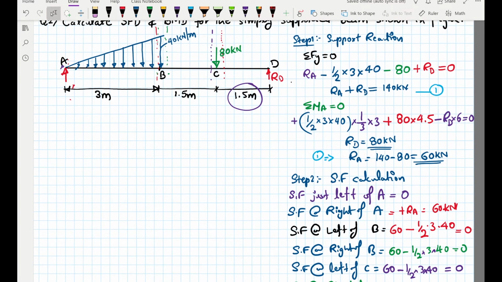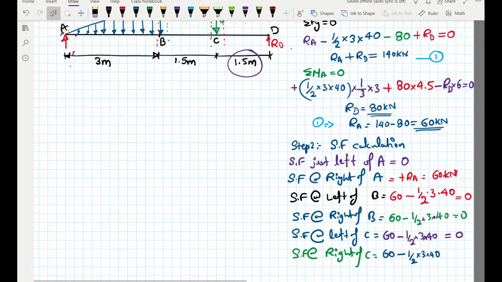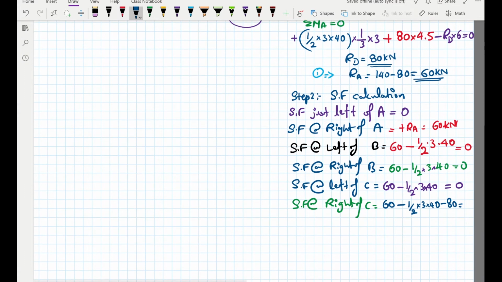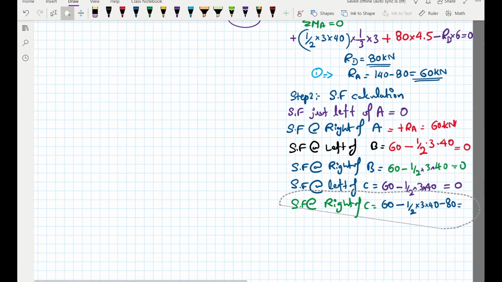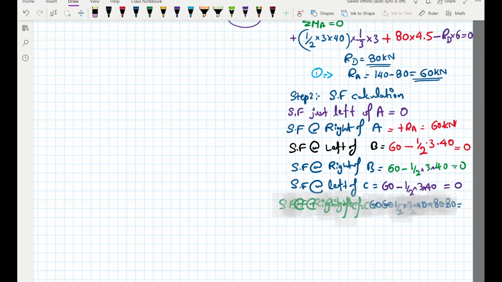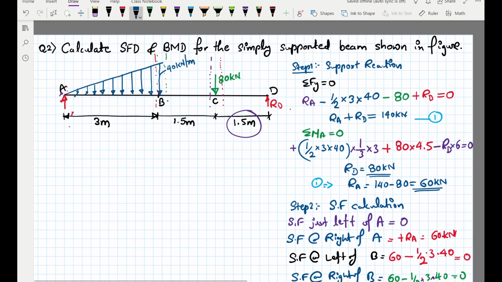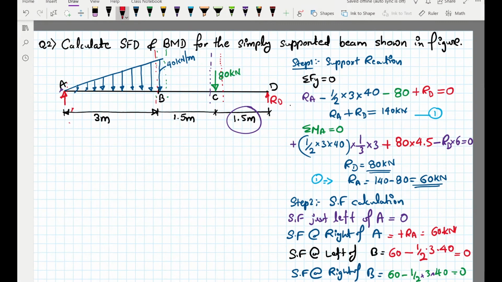So on the left of that section, 80 kilonewton is acting downward. Therefore minus 80 is equal to, if I do the summation, we will get minus 80. So therefore shear force at right of C is minus 80. Then I will come to the point D.